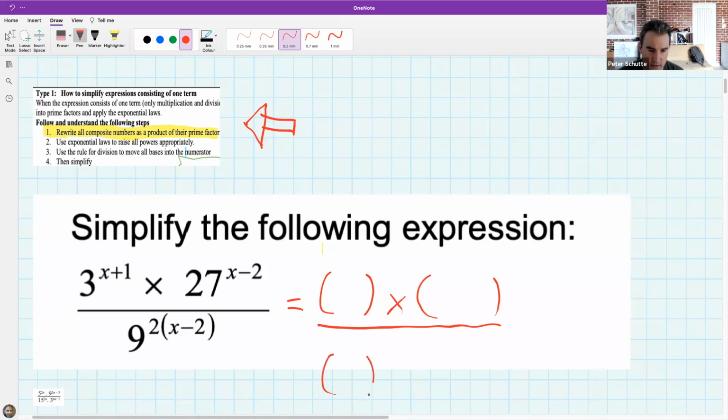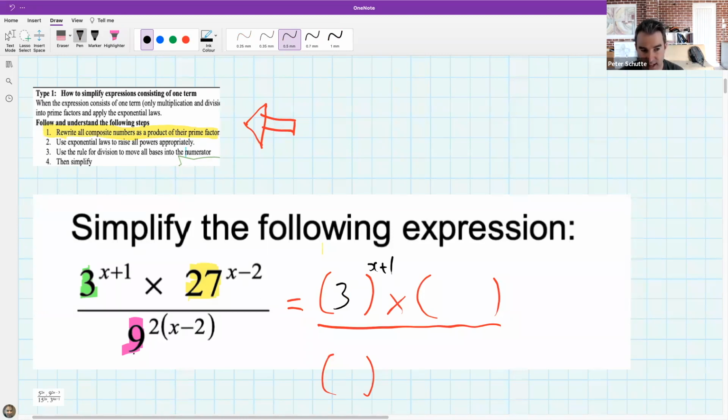And the reason is that none of these bases are the same, right? Because the bases are different, you can't use the laws of exponents like we normally would. You have to break them down into smaller pieces. Now, the only one that's a prime number is 3, right? So 3, you can't do too much about.